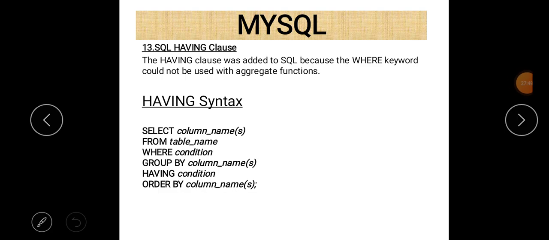Now if there is a particular condition on that group, then we can mention that condition using the having clause. I think there is a confusion between the where condition and the having condition. The where condition is a general condition, but if there is a condition that is imposed on a group, we mention it with the having condition.